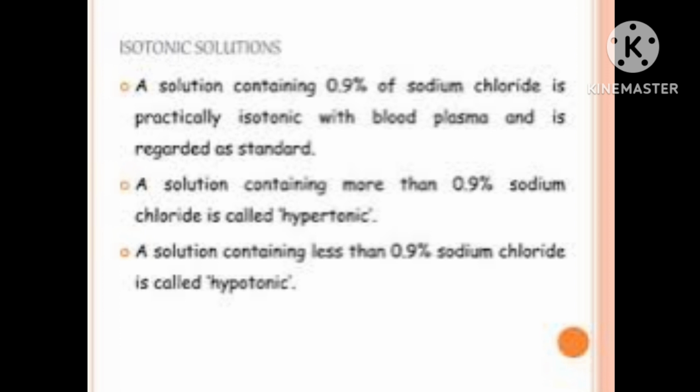Now I am coming to the three important terms. What are isotonic solutions? That you understand, very important. Numericals are also asked based on isotonic solutions. Two solutions having the same osmotic pressure at a given temperature are called isotonic solutions.